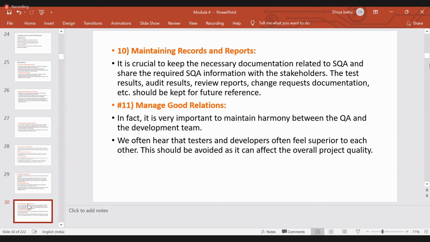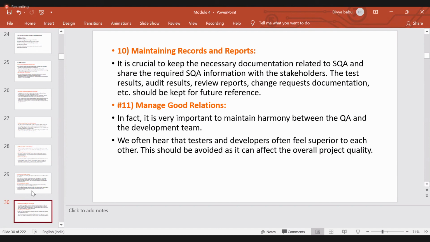Currently, a managerial team is there to monitor you, but in the quality assurance team, members should not feel that someone is superior or inferior. Only then can we maintain our project quality. That is the last point, manage good relationships.